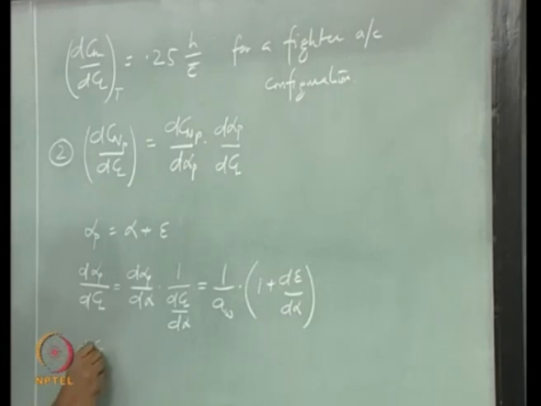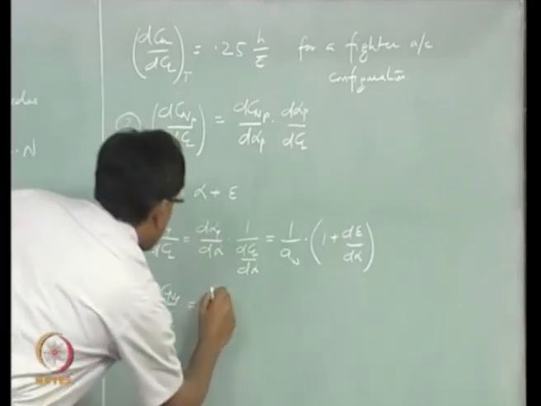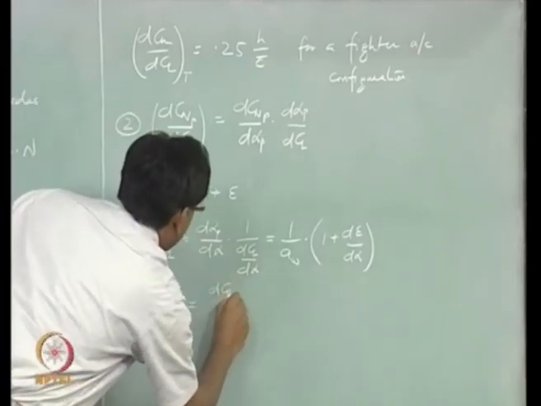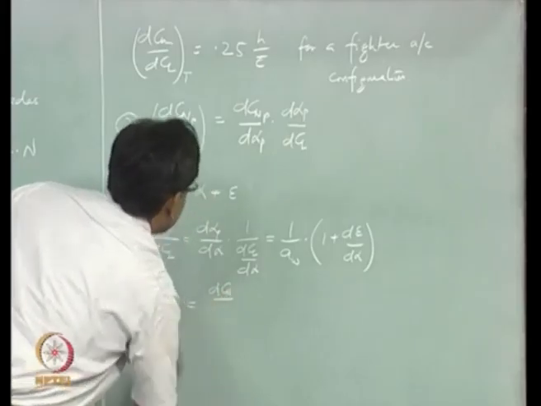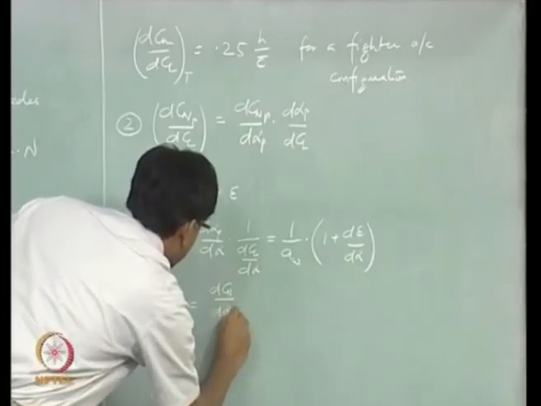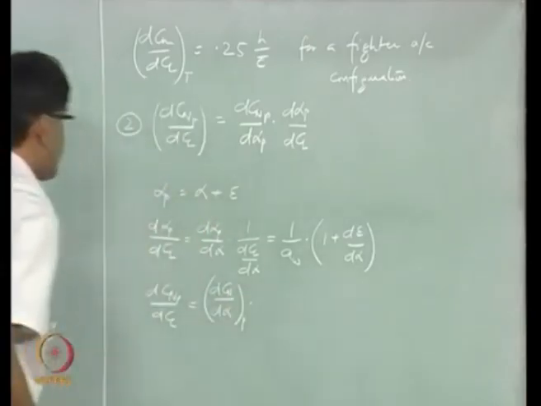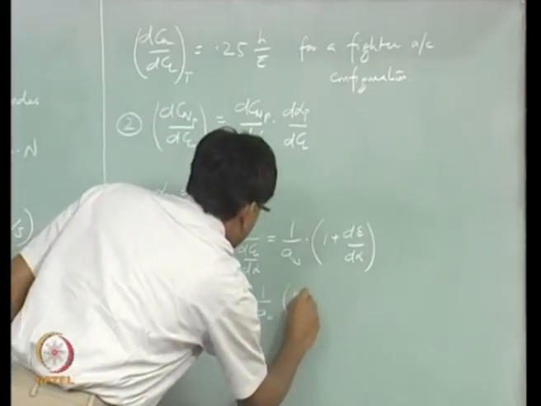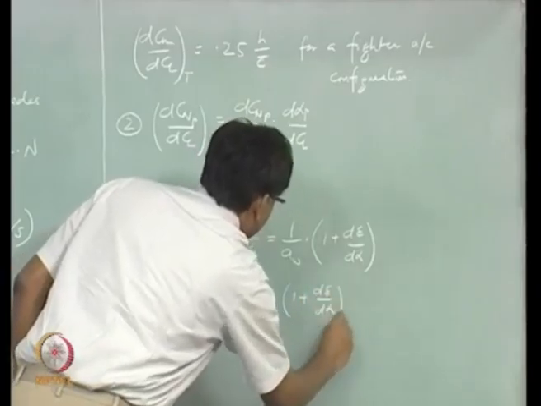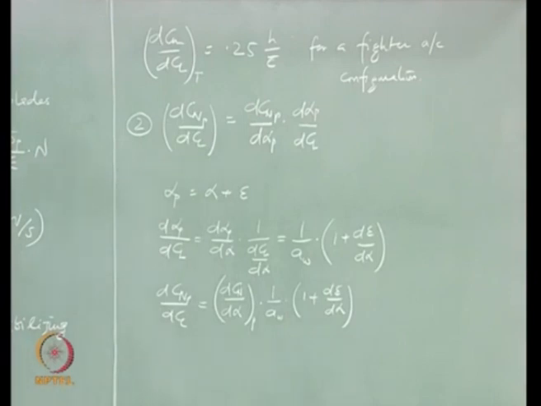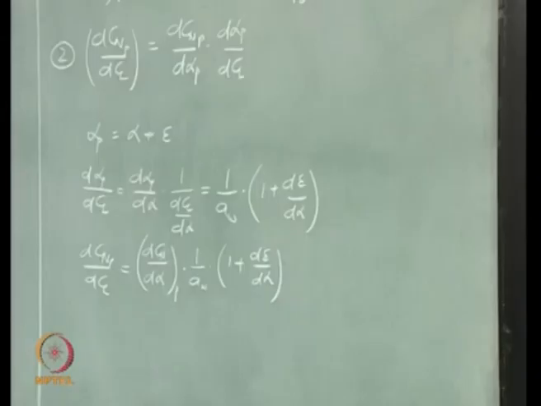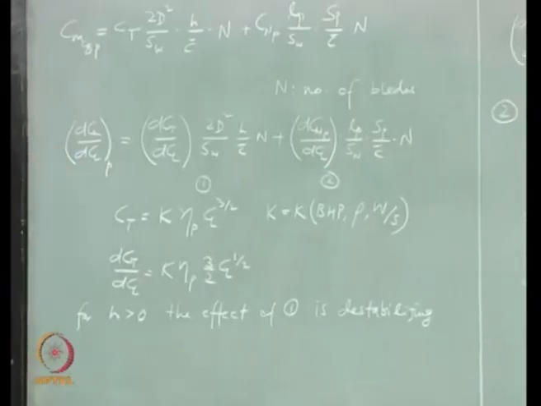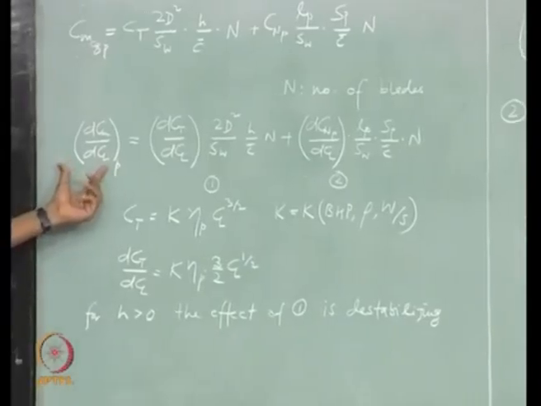So, dCn P over dCl is, and the contribution to the final dCm over dCl of the airplane is this, right.